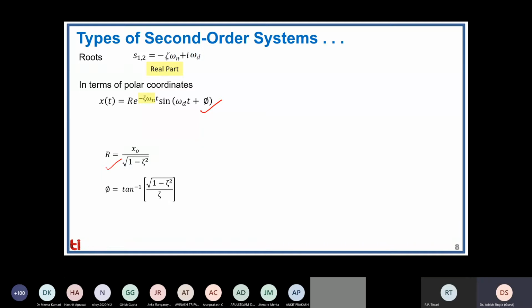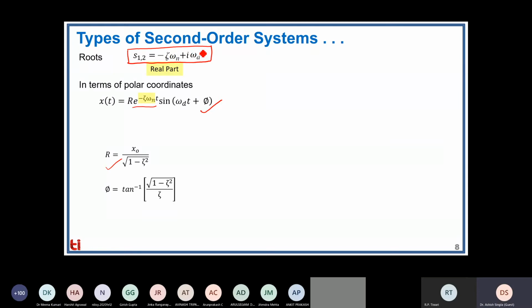So now we need to understand the crux, how the roots are related to the response of the system. So we are focusing on this expression. This root basically contains two parts. One is called the real part of the root and the other one is called the complex part of the root. If we see carefully, the real part of the root comes in the power of the exponential, which gives the exponentially decaying response.